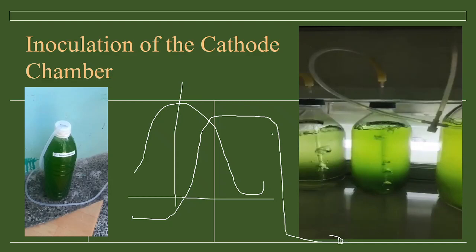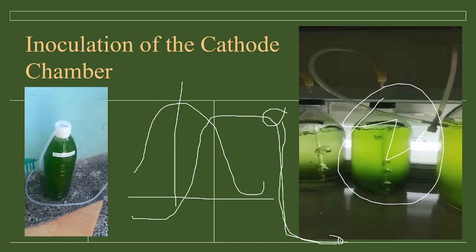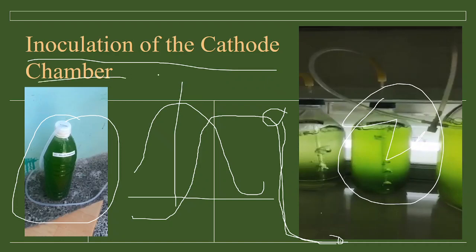So what happened is that in Iloilo, they delivered the microalgae we ordered in the stationary phase. So basically the culture went down because of the flight delay. So we're going to order Chlorella sorokiniana again, and it is in the process of inoculation of the cathode chamber.